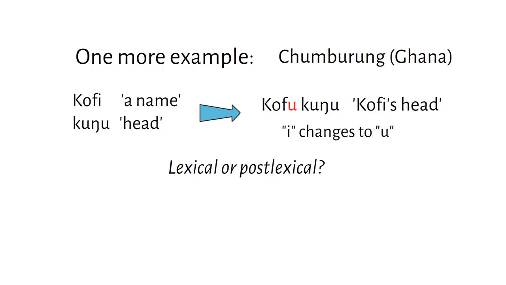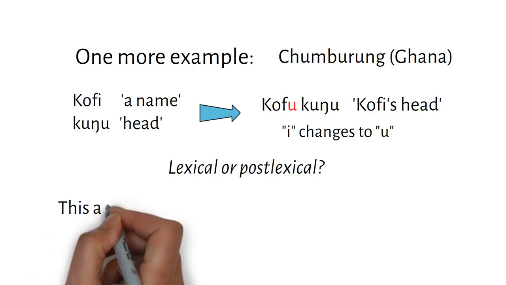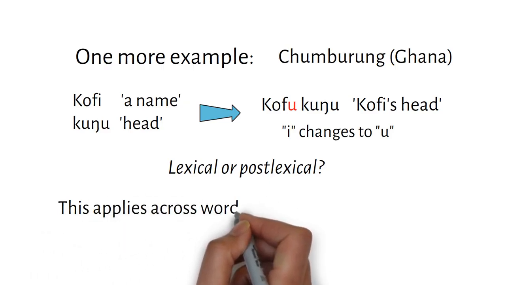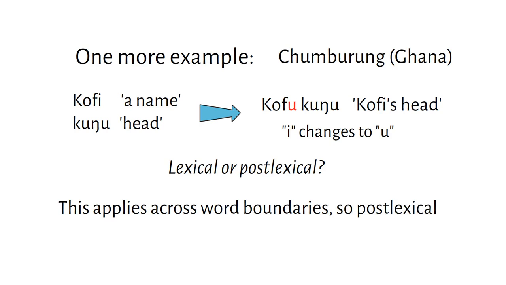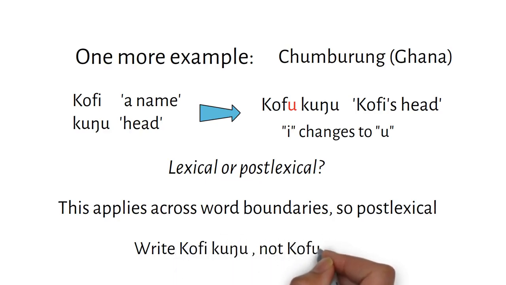E and U are both contrastive, so that test doesn't help. But this definitely applies across word boundaries. So that means it is definitely post-lexical, and we will not write the result of that rule. We write Kofi Kungu, not Kofu Kungu.